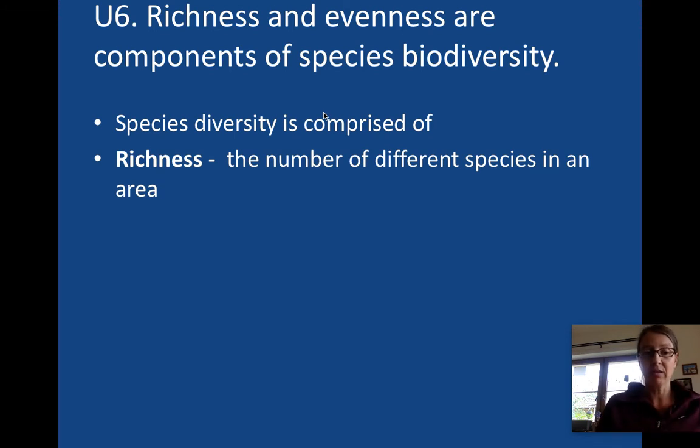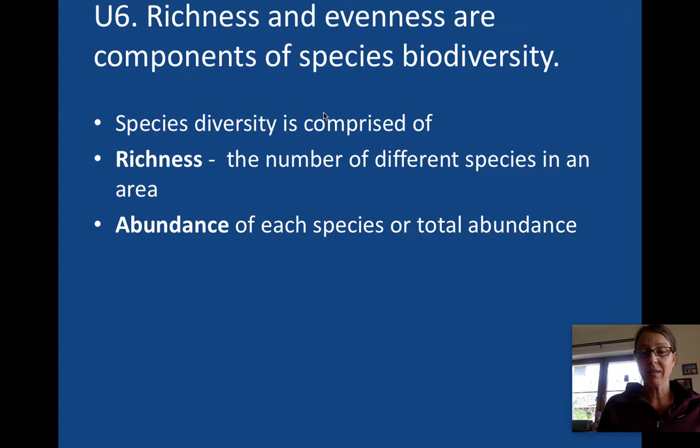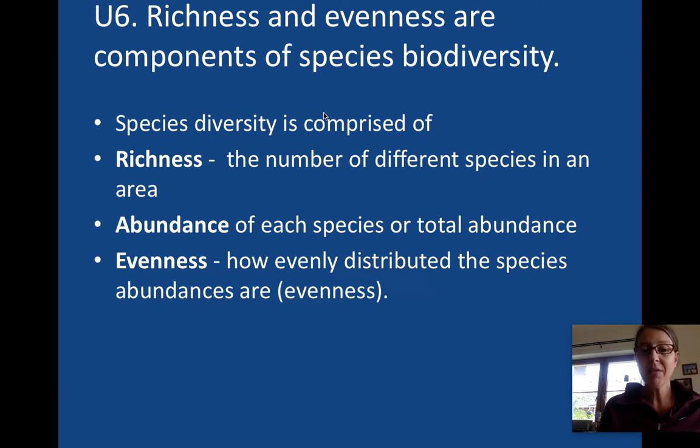That is the richness. The abundance would be the population numbers for each of those species, or the total abundance would be all of the organisms if you counted them all up one by one. And we use both richness and abundance when we're calculating an overall biodiversity score. Evenness is how evenly distributed those species populations are.